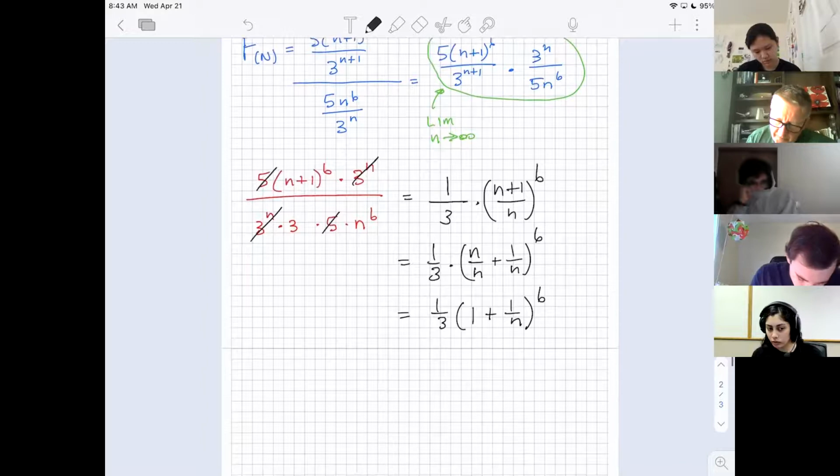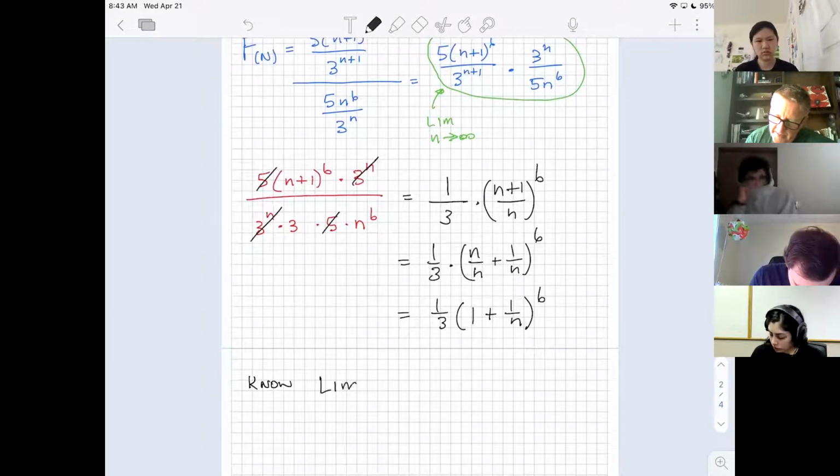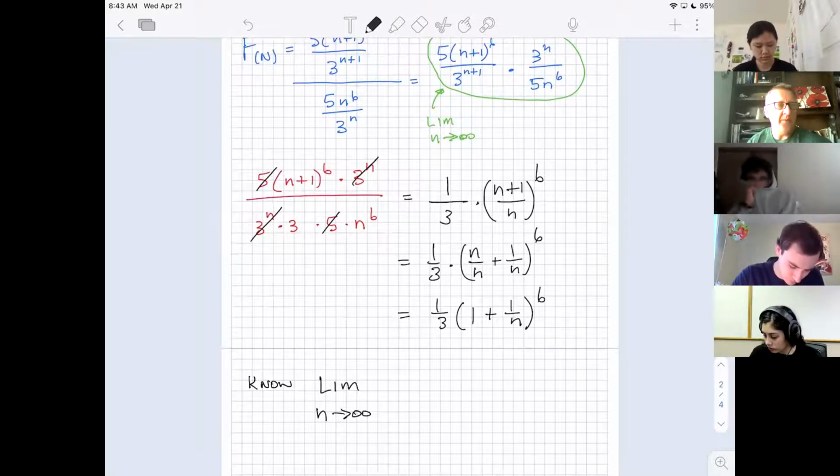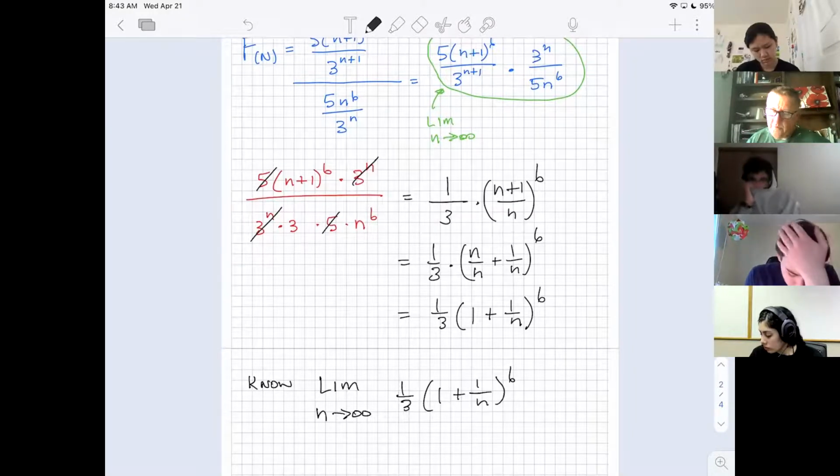Remember, what we really want to know is what is the limit as n goes to infinity of our statement. Well, now that we've simplified it down a little bit, we can actually address that, I think. Notice there's only one n left.